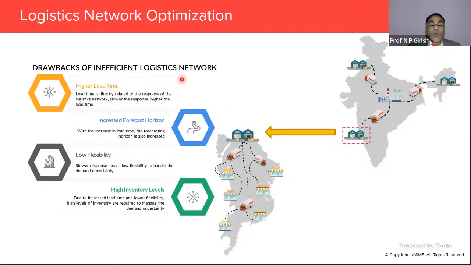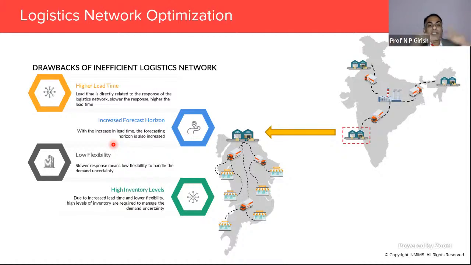Why is it important to have an optimized network? Because when it is a sub-optimized network, it has higher lead time, takes longer to reach the customers, and increases the forecast horizon. When you talk about a longer forecasting horizon because of increased lead time, there are more inaccuracies. Go back to the beer game: 4 weeks is the period, the forecasting horizon is 4 weeks.